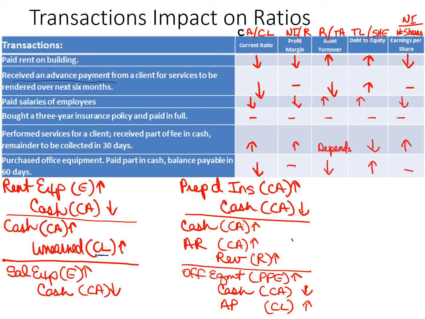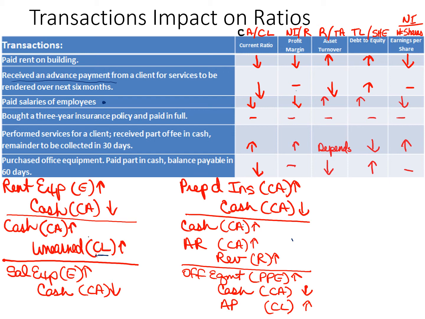As far as debt to equity, total liabilities are increasing, so because the numerator is getting larger, debt to equity will go up. Earnings per share has nothing to do with that because that entry is not about revenue or expense.